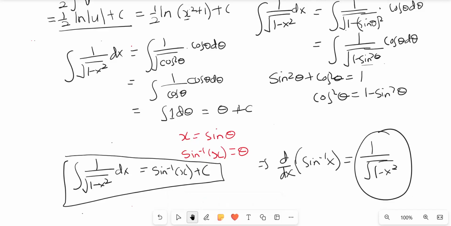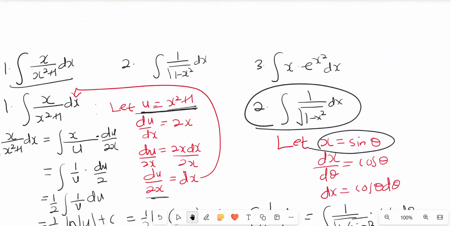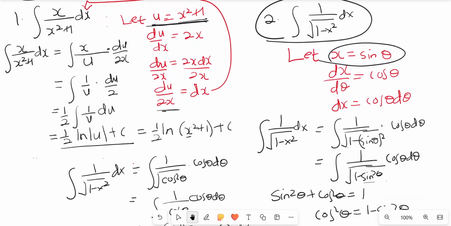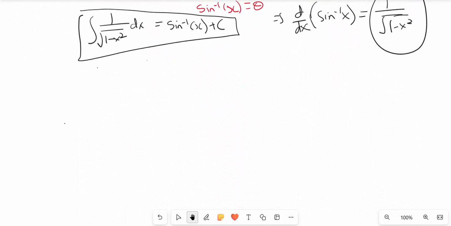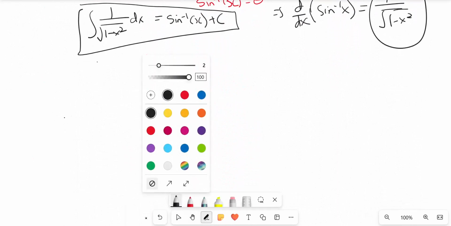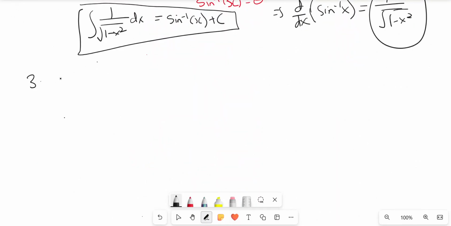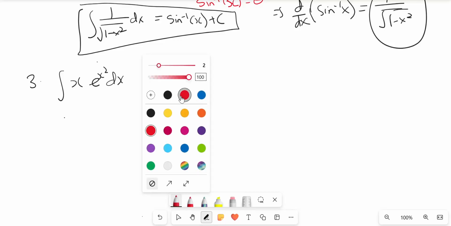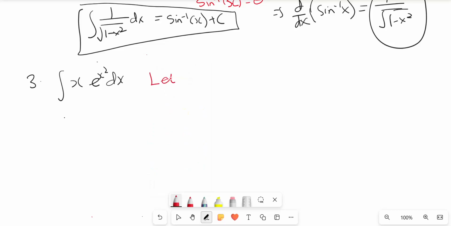Now the last one, let me go up and see what it was. Okay, this is an exponential function. So the third one is the integral of x e to the x squared dx. This is also u sub. We can let u be equal to x squared.